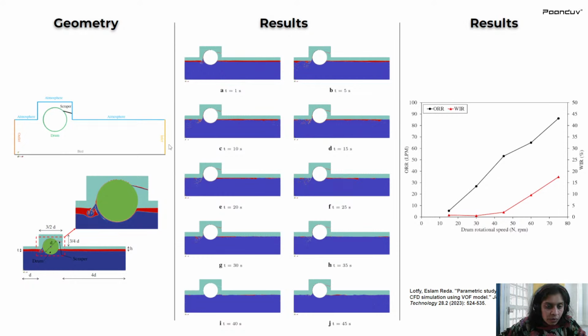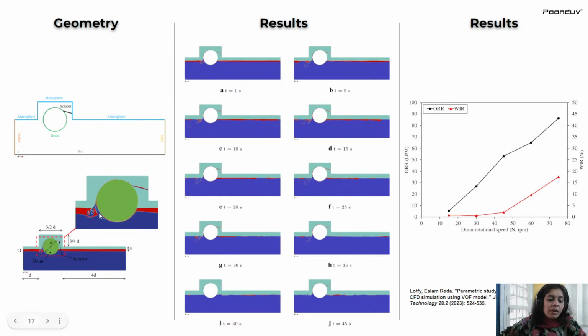In this computational domain, you can see at the right hand side there is an inlet, at the left hand side there is an outlet, and a periodic boundary condition is provided so that the water which goes out comes back through the inlet. The top surfaces are all given the atmospheric condition, and all the walls are no slip boundary conditions.